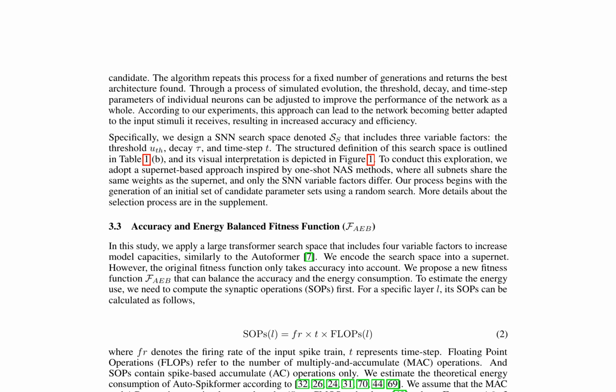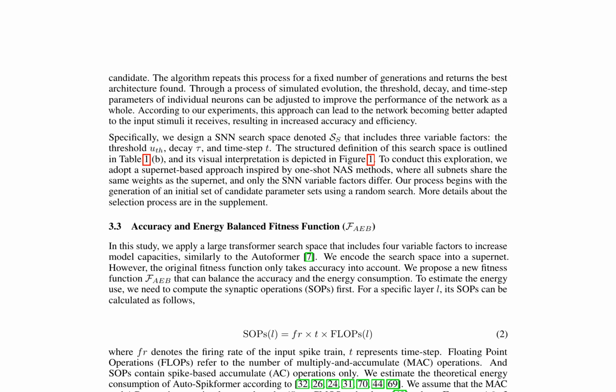The search space, denoted as SS, comprises three variable factors: threshold V_th, decay tau, and time step T, as outlined in Table 1b, and visually depicted in Figure 1. The process begins with the generation of an initial set of candidate parameter sets using a random search. A new fitness function FAEB is proposed, which takes into account both accuracy and energy consumption metrics.